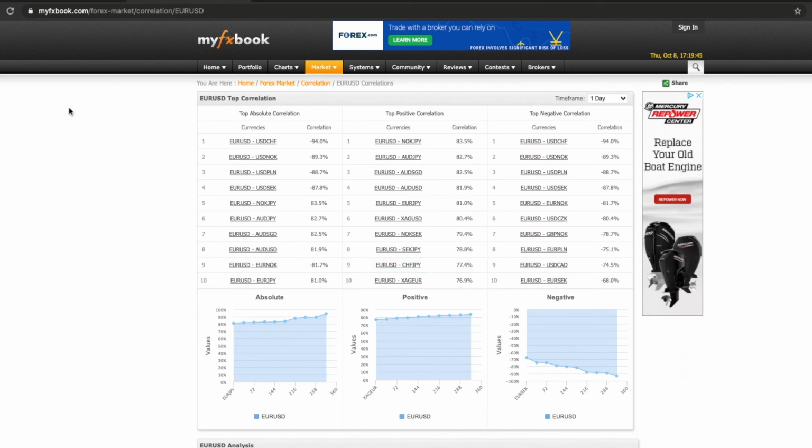This is a tool that you need to use just to help you risk manage, so that you're not taking higher risk on a single opportunity than you think you are. If you are aware of the correlation and you still are happy with taking them both, depending on your trading plan, how you trade, that's one thing.